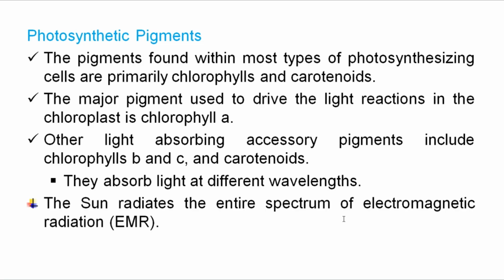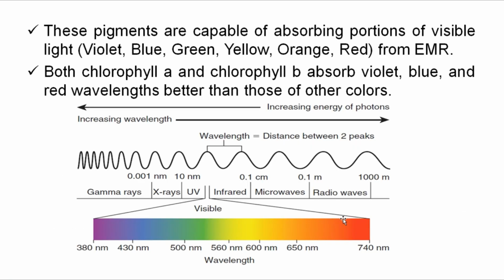The electromagnetic radiation. It consists of radio waves, microwaves, infrared, visible light, ultraviolet light, UV radiation, X-rays, and gamma rays. These are radiated by the sun.